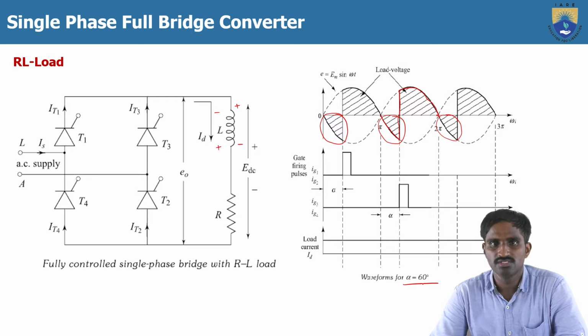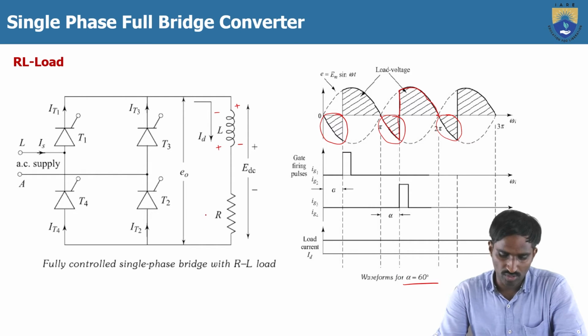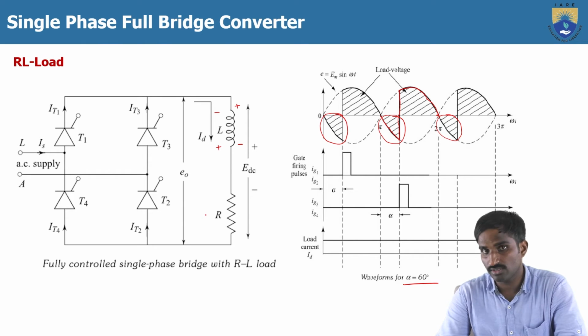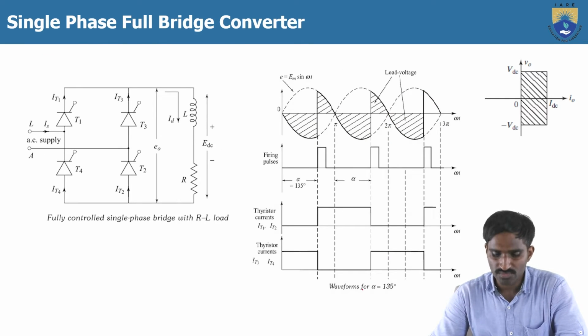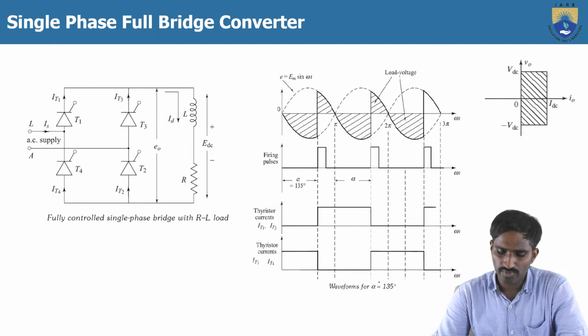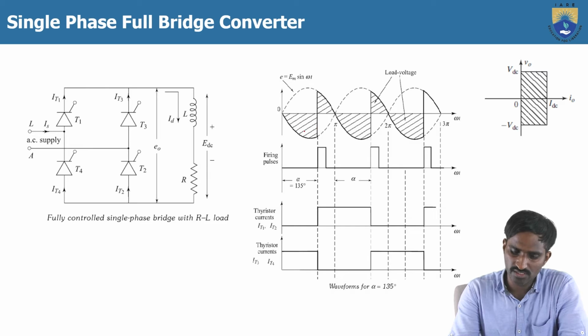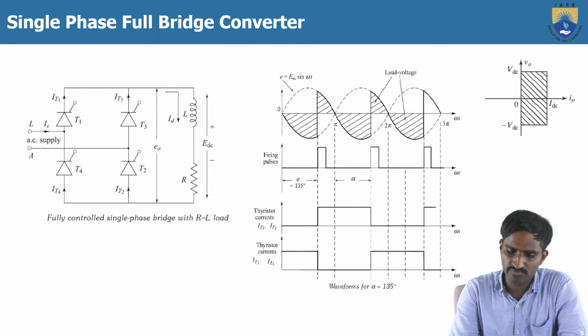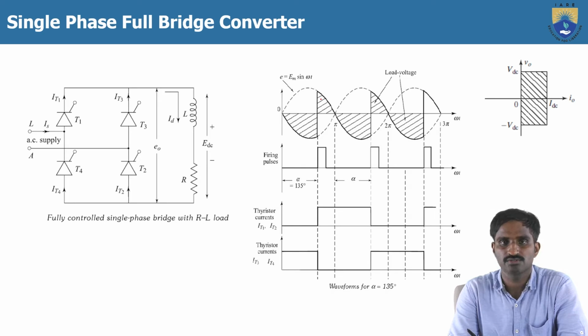Let me take the same operation for alpha greater than 90 degrees. This is the waveform for alpha equal to 135. As you can see, the negative portion of the output voltage waveform is higher than the positive portion.